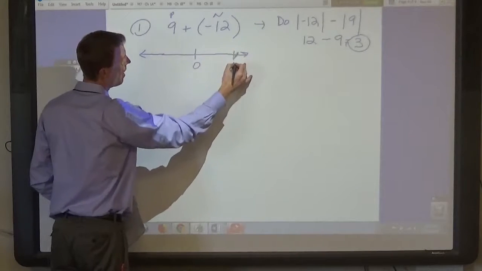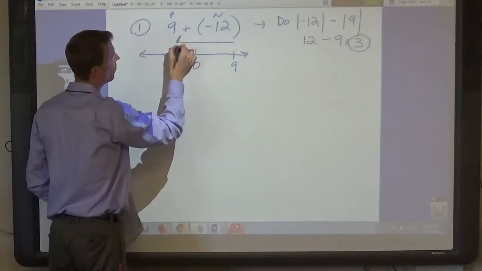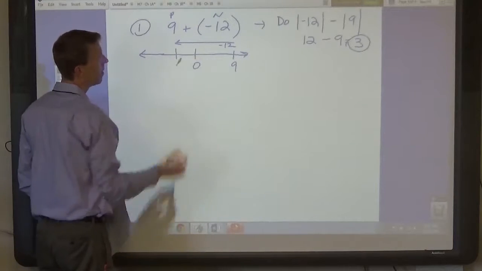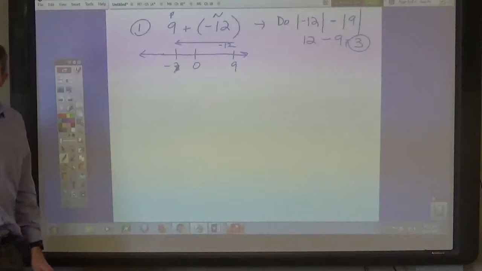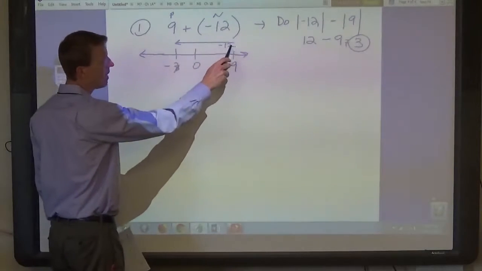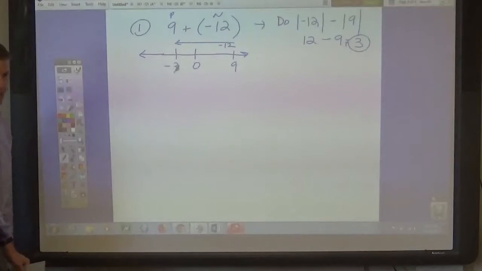If we start at 9 and we do a negative move of 12, we're going to end up in the negative, because the absolute value of negative 12 is greater than the absolute value of 9.